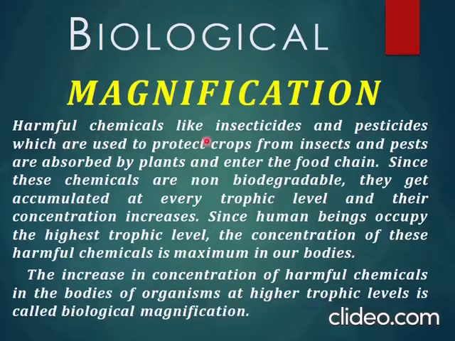Harmful chemicals like insecticides and pesticides, which are used to protect crops from insects and pests, are absorbed by plants and enter the food chain. Since these chemicals are non-biodegradable, they get accumulated at every trophic level and their concentration increases. Since human beings occupy the highest trophic level, the concentration of these harmful chemicals is maximum in our body.